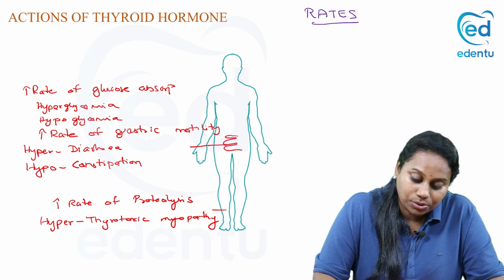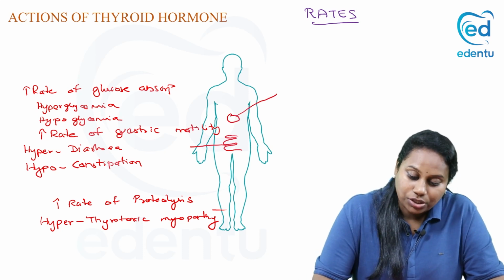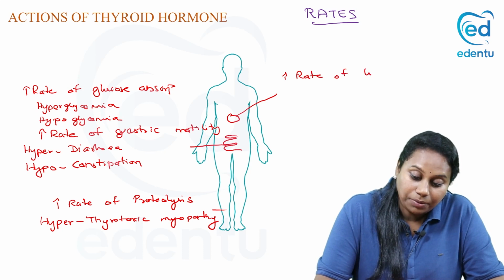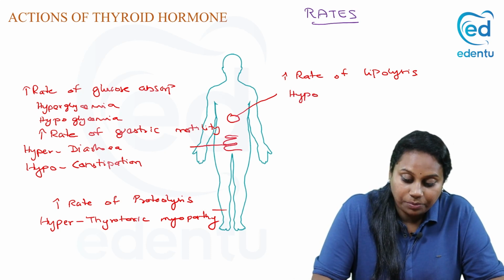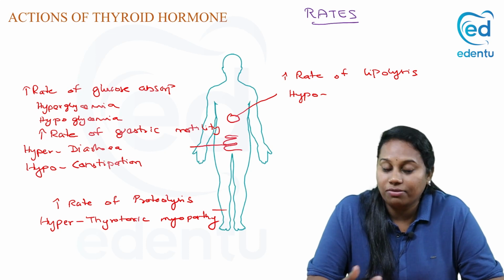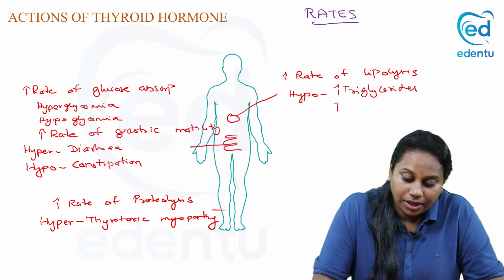And what does it do to the adipose tissue? In adipose tissue, it increases the rate of lipolysis, fat breakdown. That is why hypothyroid patients have excessive accumulation of fats. They have increased triglycerides and increased cholesterol.